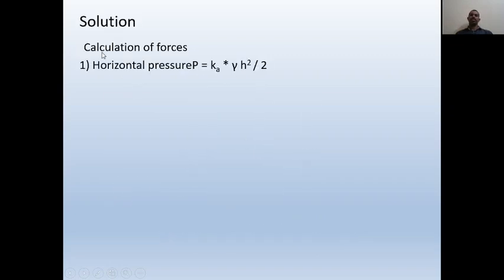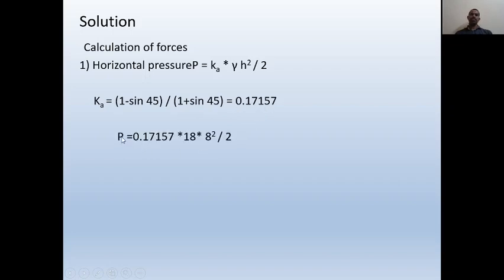Now let us first calculate the horizontal pressure PA. PA is given by Ka multiplied by gamma h square by 2. Now Ka is (1 minus sin phi) by (1 plus sin phi). Phi is 45 degrees, you can substitute over here. When it is calculated, it is 0.1715.